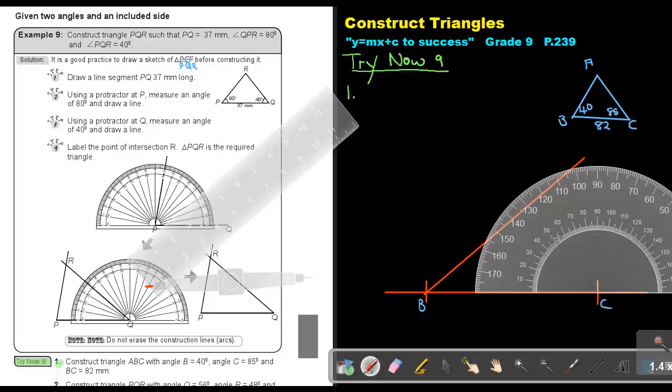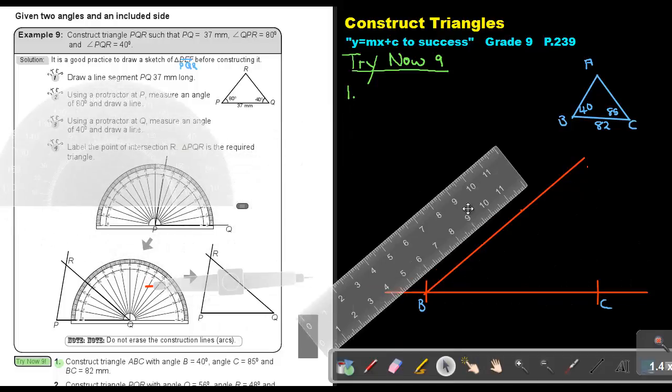Now it's not the outside, because that one starts with 180, but this one starts with 0, so it's the inside scale. And 85 is exactly there: there's 80, so there will be 85. It must be very accurate. Okay, that's exactly 85. Then I move this again.